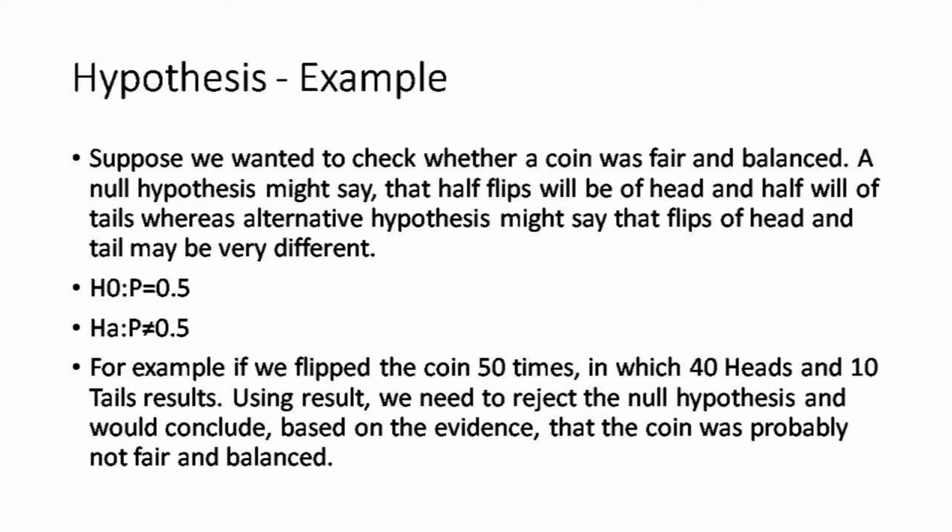For example, if we flip the coin 50 times, in which 40 heads and 10 tails came, then using this result, we would reject the null hypothesis and would conclude based on the evidence that the coin was probably not fair and balanced.